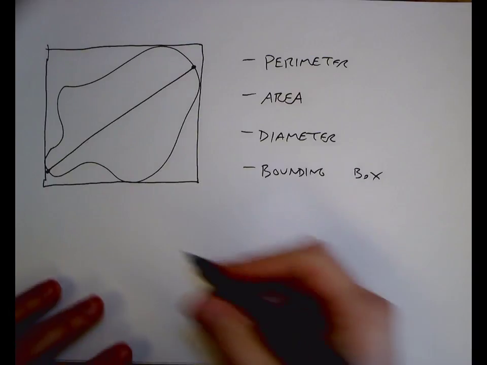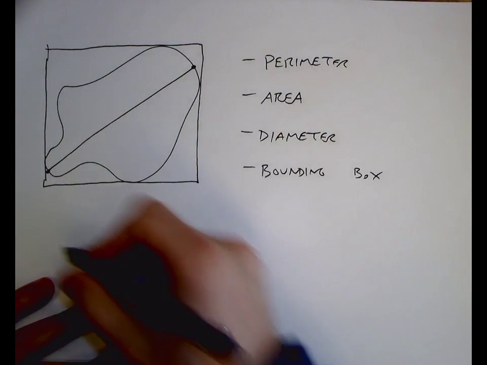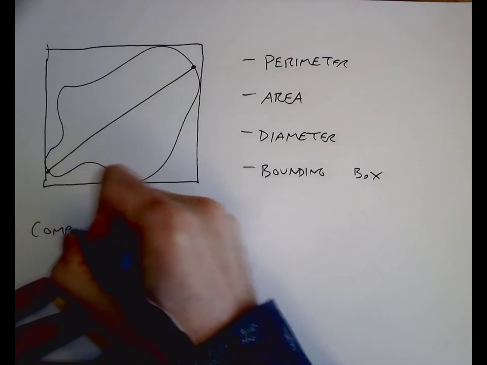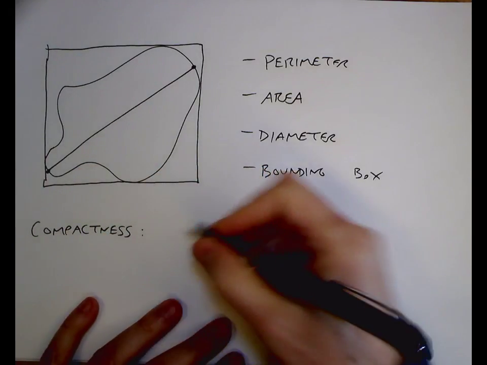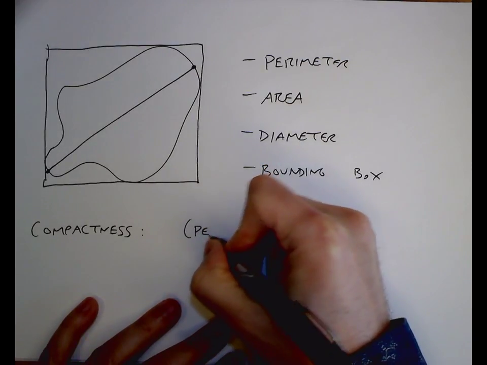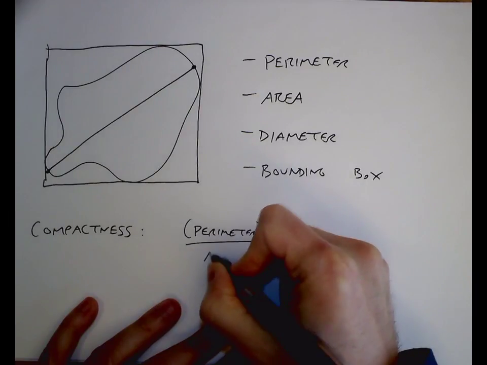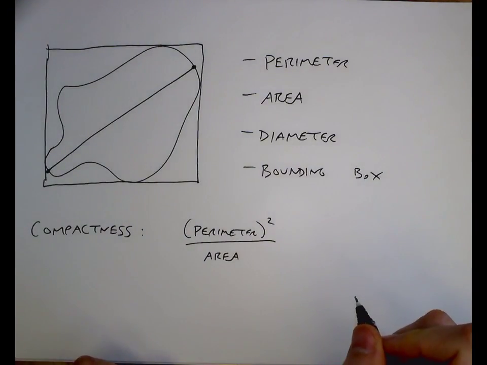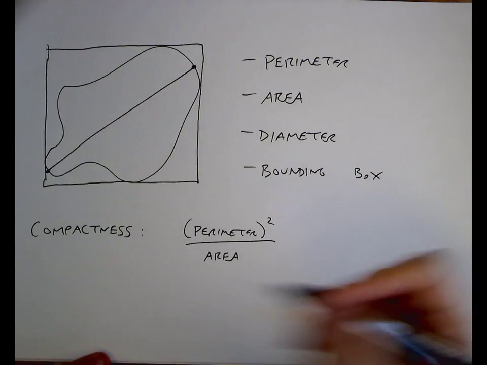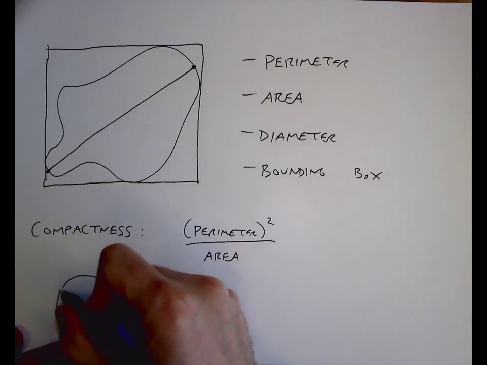One thing that we could derive from this then, for example, is what's called the compactness of the blob. And that's defined as the perimeter squared over the area. And so let's think about what the range of this value could be. So the best you could do would be a circle, right?